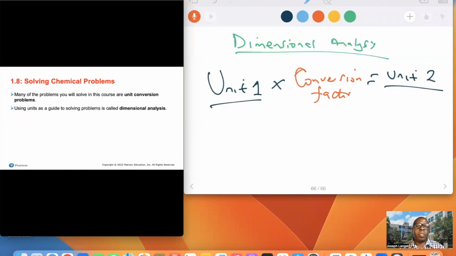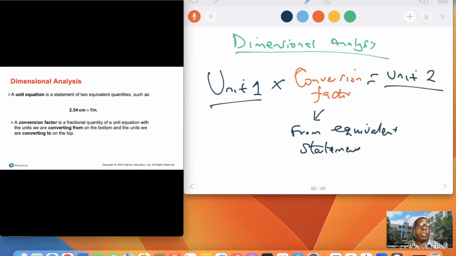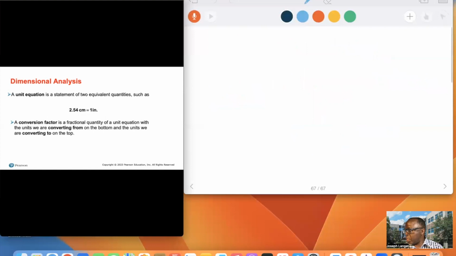Some others call this the factor label method. This is a conversion factor from an equivalent statement. You need to derive that. For example, if you are given an equivalent statement saying that 1 inch is equal to 2.54 centimeters, we can derive two conversion factors here.